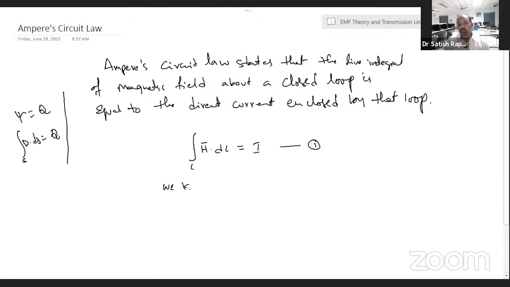So we know that I is equal to the surface integral of J dot dS. In chapter 1 we have discussed current and current density.